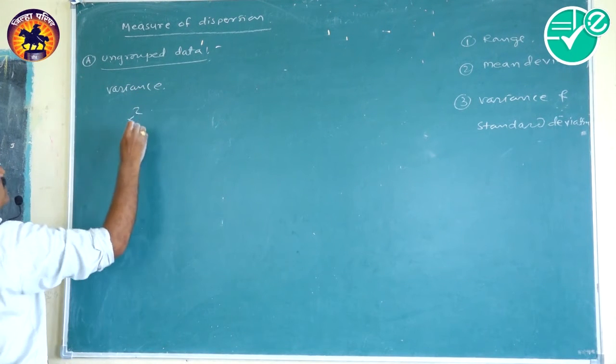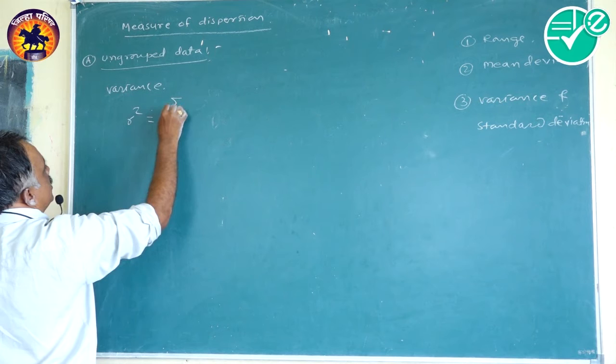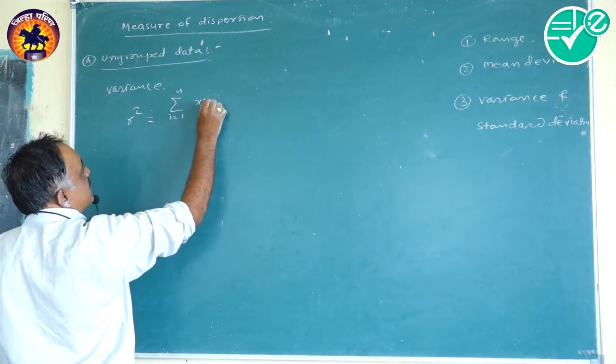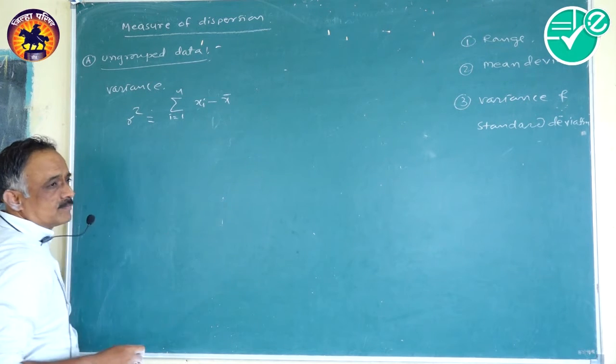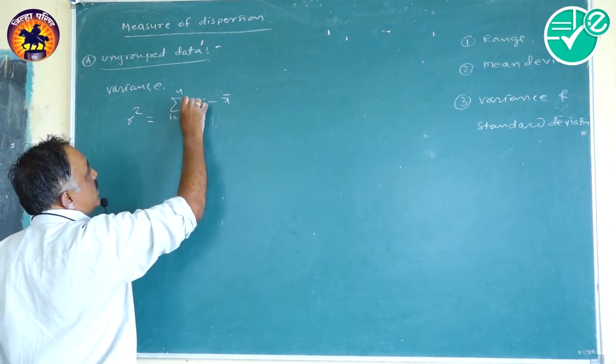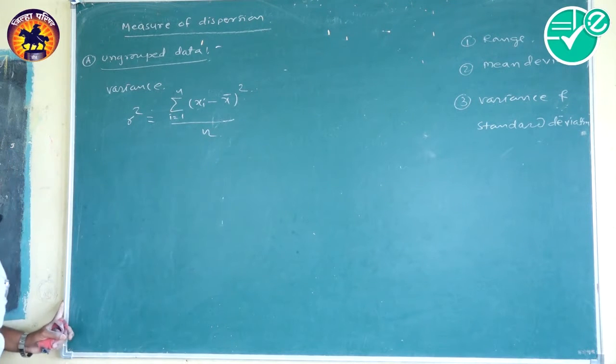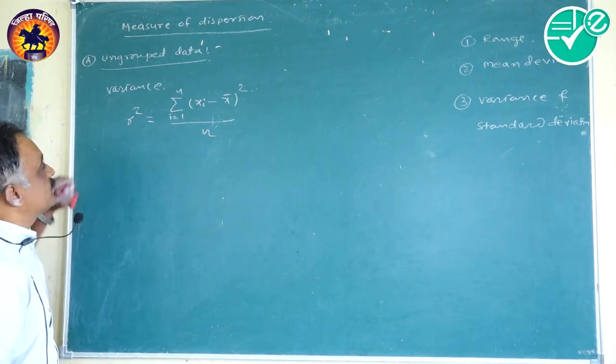Variance is denoted by sigma square. The formula is sigma i equal to 1 to n. We find the deviations, that is xi minus x bar. To remove its sign, we square it and divide it by n. What is n? N is the number of observations here.